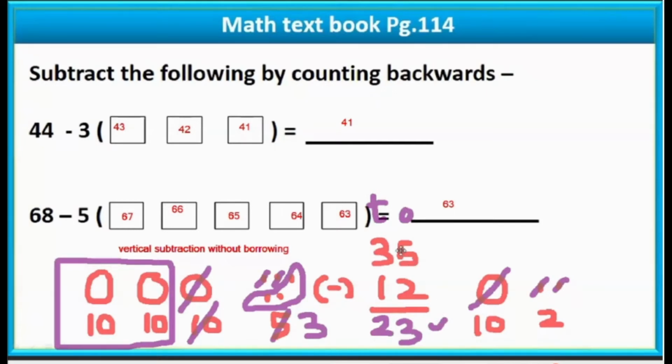Let's move on to the tens place and find the answer. 3 minus 1. Just now we read the property, right? When we subtract 1 from any number, we get the before number of it. So what is the before number of 3? The before number of 3 is 2. So 2 tens, we have got the answer. So 23 is our answer.